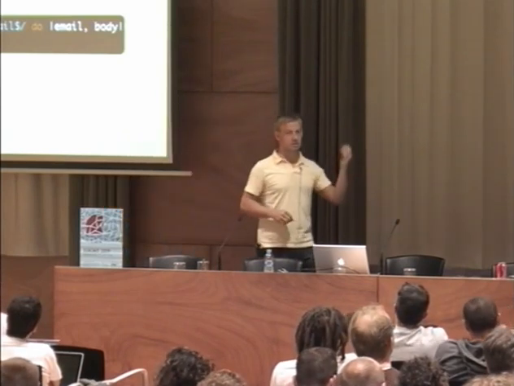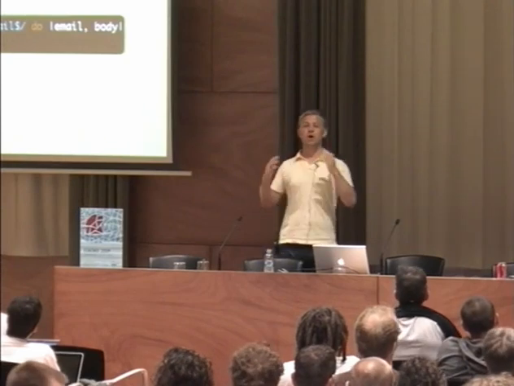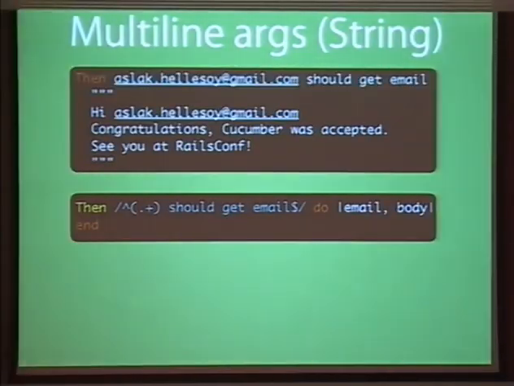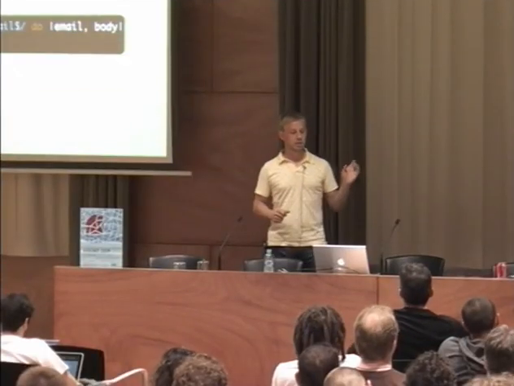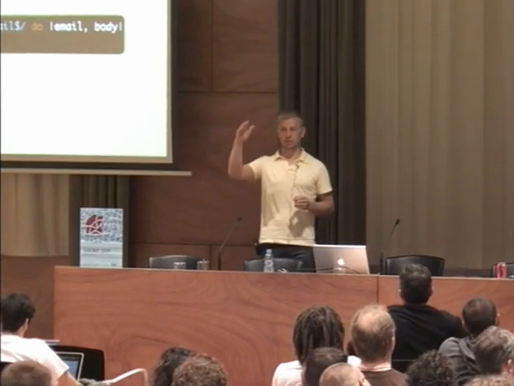So we're just using this convention here. That's something you can use if you have a long string that you want to put inside your plain text features. As you see here, it's indented, but when it gets sent in to the step definition, it'll be de-indented, so you won't get the two spaces in front of hi and congratulations, but they will be new line delimited.